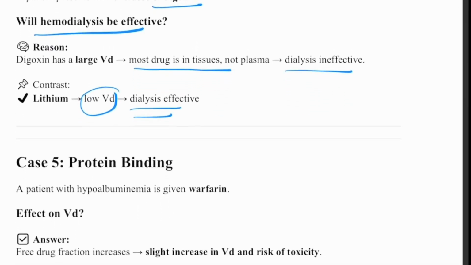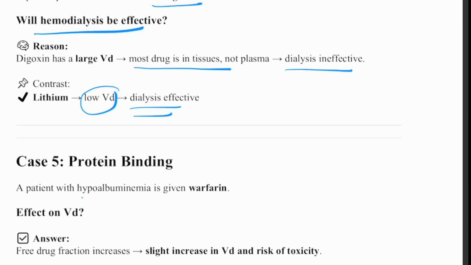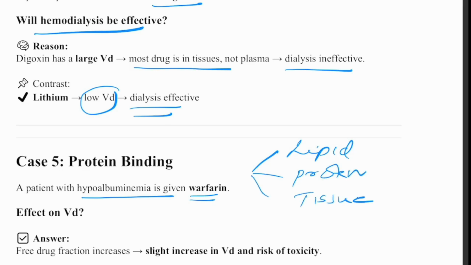Next, a patient with renal failure and liver disease has hypoalbuminemia and is given warfarin. We have mentioned that the volume of distribution depends on lipid solubility, protein binding, and third, tissue binding. So what will be the effect of hypoalbuminemia? The free drug fraction increases and there is an increased risk of toxicity.